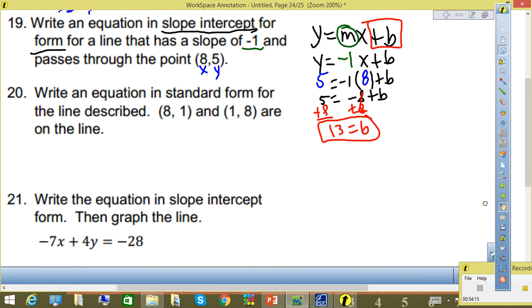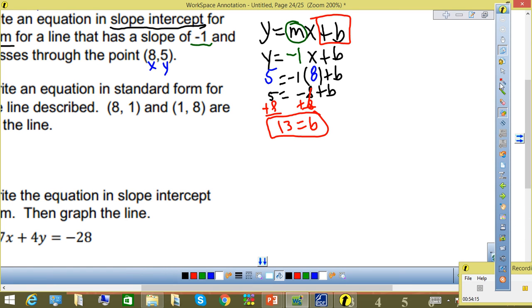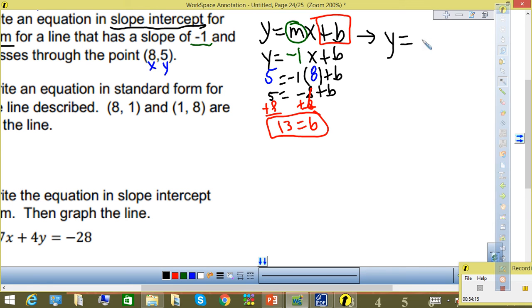Yes. So therefore, over here to the side, I write y equals m. We know it's negative 1x. We know what b is. Plus 13. And this is in slope-intercept form.